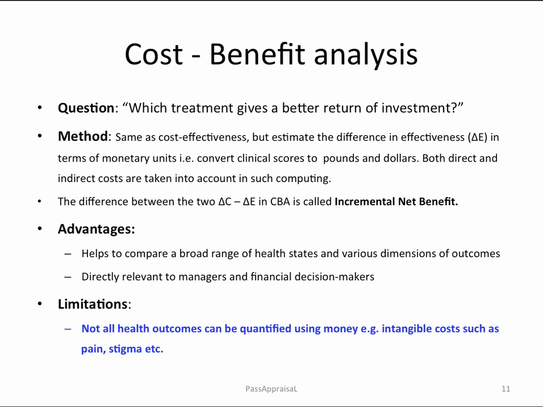The most important limitation of cost-benefit analysis is that not all health outcomes can be quantified using money. For example, intangible costs such as the cost of pain suffered, the cost of stigma cannot be quantified. So in this case, you cannot have a perfectly measured outcome for cost-benefit analysis.